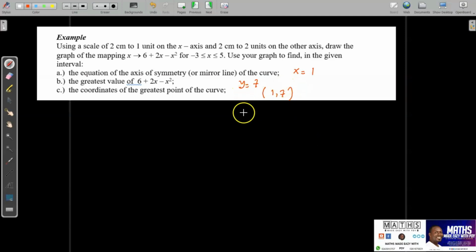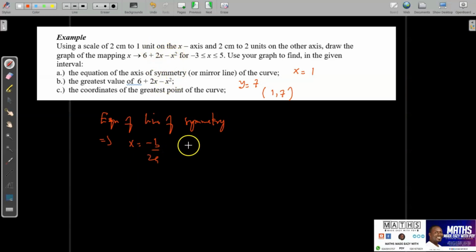But I want to confirm using calculation means. So finding the equation of line of symmetry, it will be given as x equal to minus b over 2a. Per the function, what is b? B is positive 2.